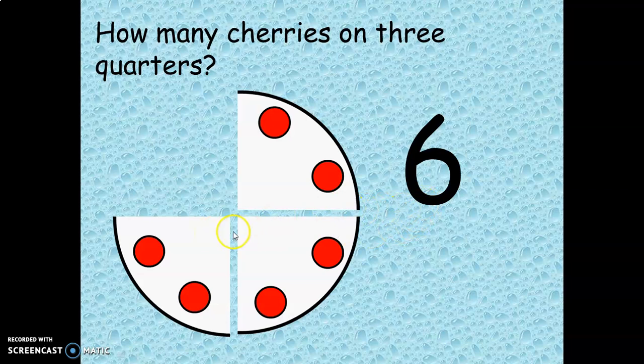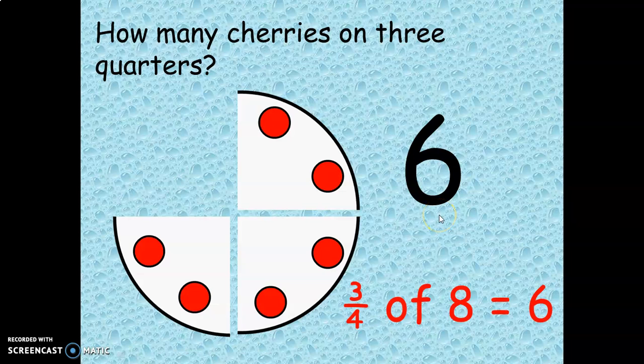6. Let's count: 1, 2, 3, 4, 5, 6. The answer is 6. After sharing the cherries one by one, this 1 quarter was taken away, so we were left with 3 quarters. How many cherries were left? 6.